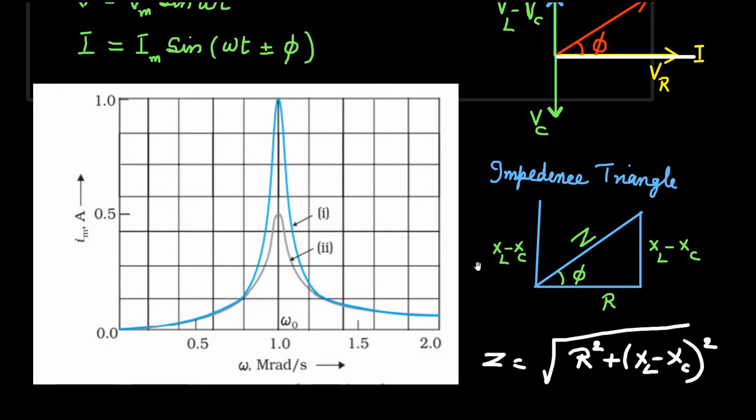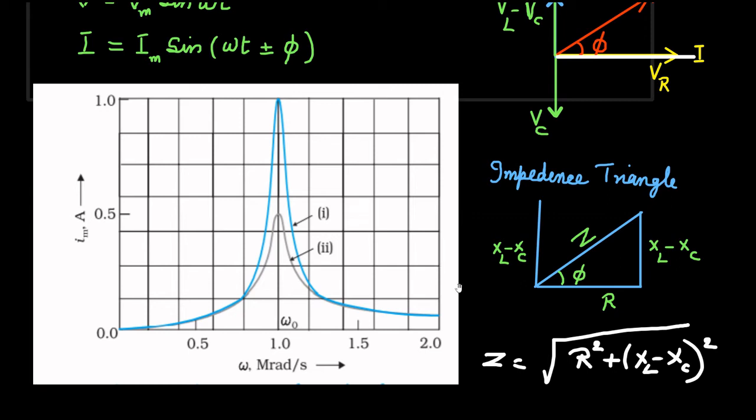At resonance, the current is having maximum value. Look at this graph. It is drawn with omega along the x-axis, current along the y-axis. And when omega is equal to omega naught, which is the angular resonant frequency, current is having maximum value, which is representing the resonance.